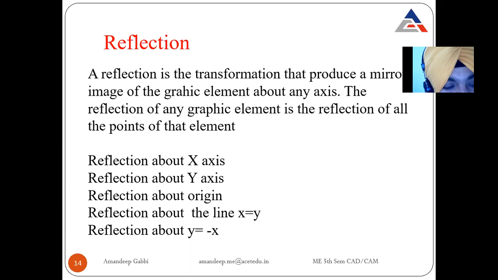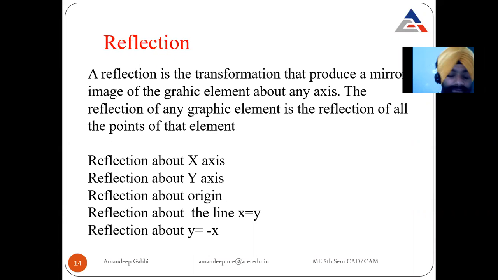We will be discussing when the reflection is about the x-axis, when reflection is about the y-axis, when reflection is about the origin, reflection about the line x equals y, and reflection about y equals minus x. So these are the five reflections that are there.